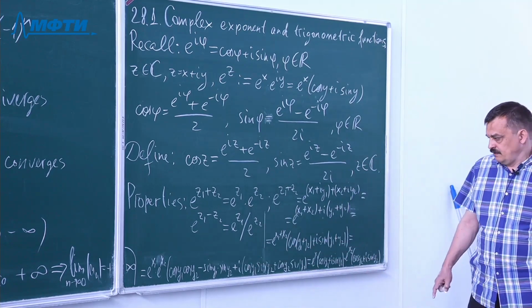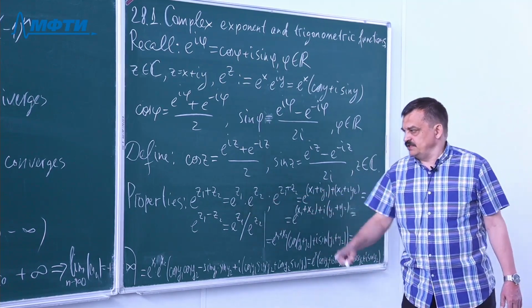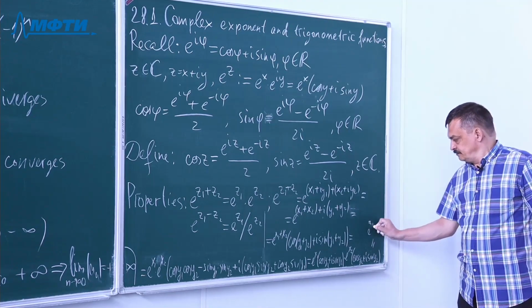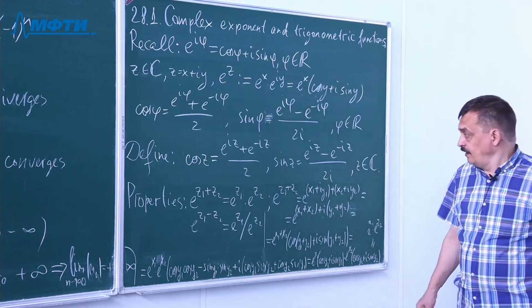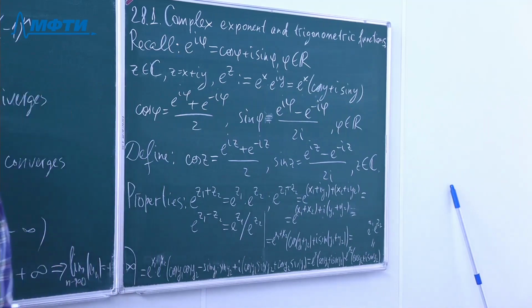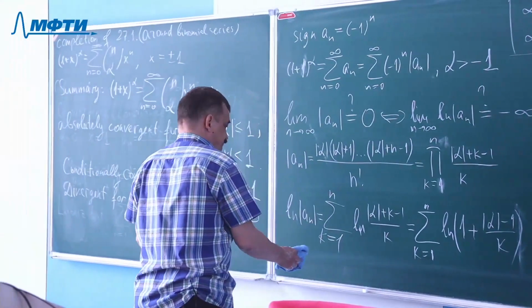So these are precisely e to the power z1 times e to the power z2. That is what we wanted. And analogously, we can check the division property. So that is quite easy.